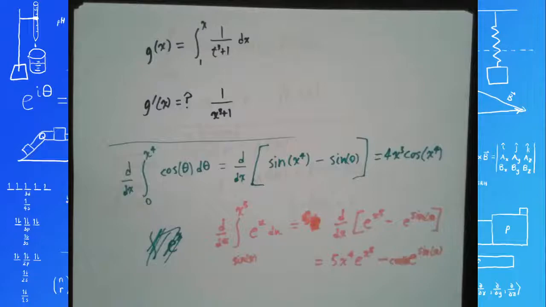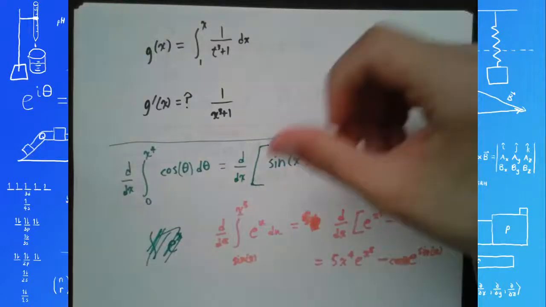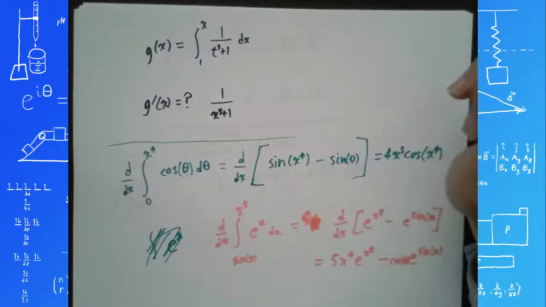And you're also multiplying by the derivative of the top bound or bottom bound. So let's see if we can take advantage of that pattern to work with something that we wouldn't be able to easily integrate.